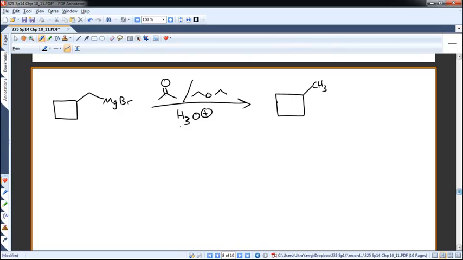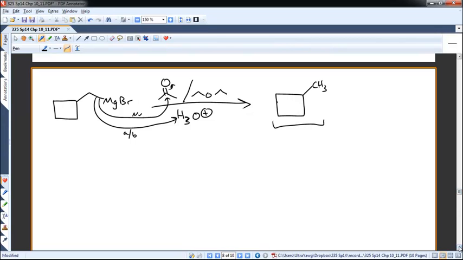Because the acid-base chemistry here will happen thousands of times faster than the nucleophilic chemistry here. Now, will you get a tiny, tiny, tiny amount of the substituted product where the nucleophilic chemistry happens? Yeah, maybe a little bit, but for the most part, you're only going to get reasonable amounts of the acid-base product, which is just the alkane. Okay.